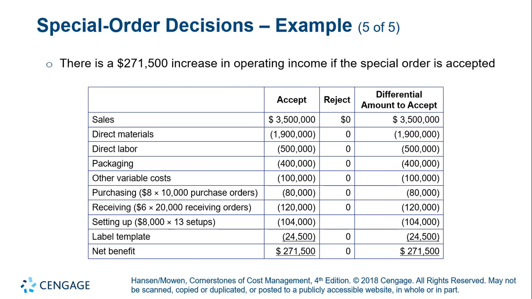Then we have the setting up of 104,000 plus the label template, so it will give a net benefit of 271,500 as compared to if you are going to reject.